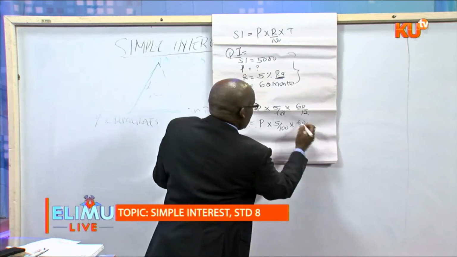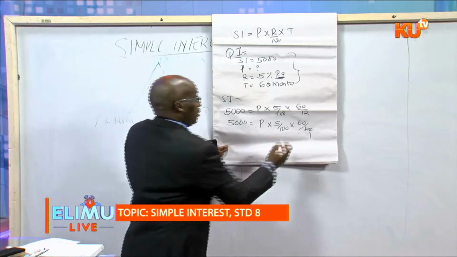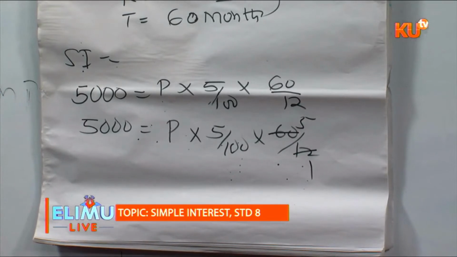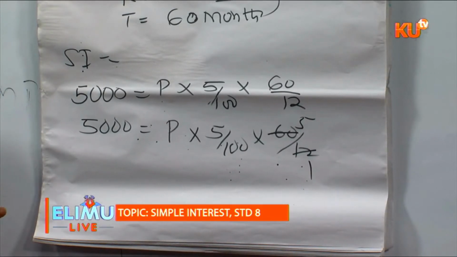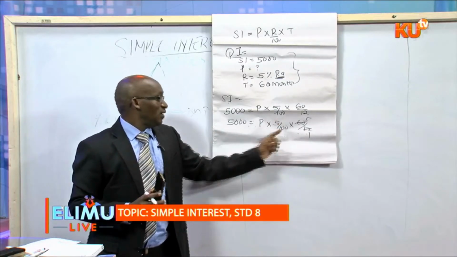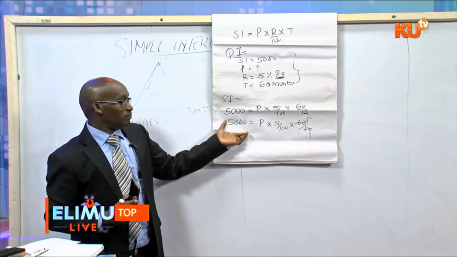Divide 60 by 12. 12 goes 5 times. Now, if you look at this number here, it's all over 100. And we have got 5,000 here.